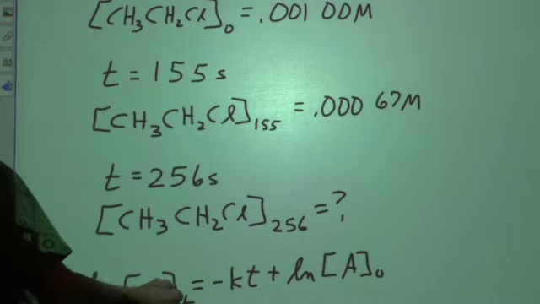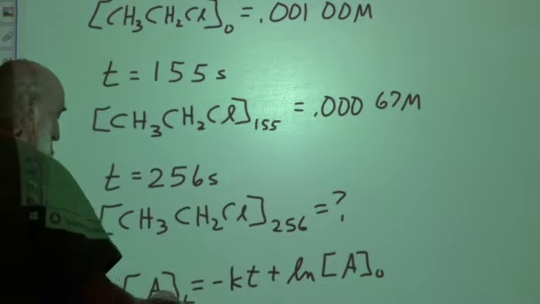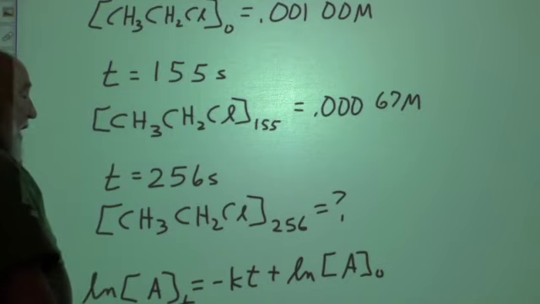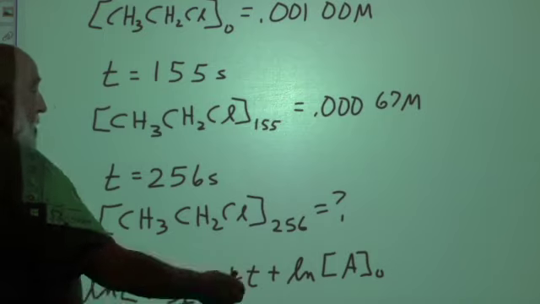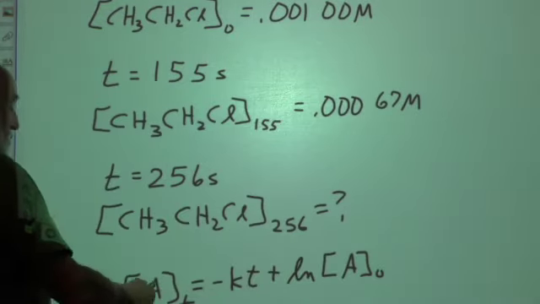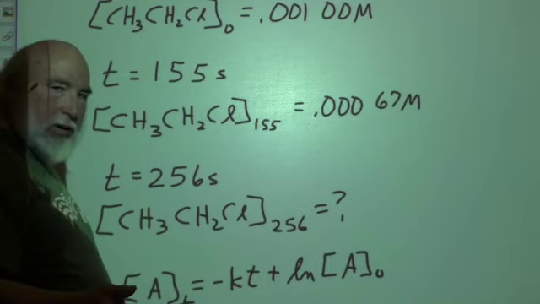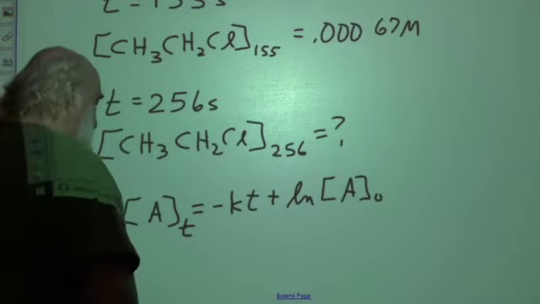The concentration of A at 155 is 0.00067. That goes right there. We can use our mathematical skills to figure out k. Then we can go back and use this equation again. And now we still know the original, we don't know the 256 concentration. And so that's the plan of attack we're going to take here, okay? So, let's do that, shall we?